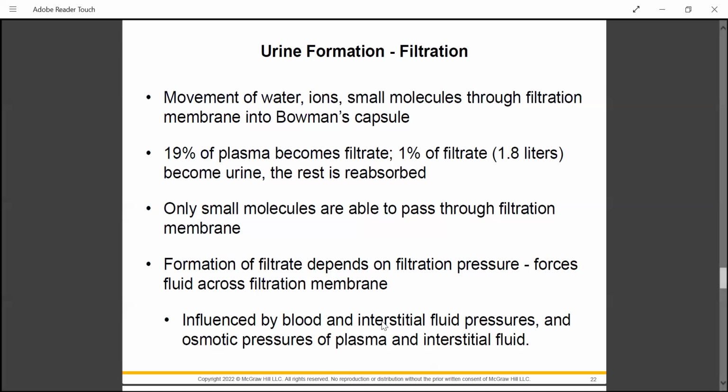There's a few things that also influence this rate outside of blood flow, and that has to do with pressures of fluid on either side of the membrane, and then osmotic pressure as well. So we have differences in the concentration of water that's going to influence how much fluid is moving. We're not going to get into detail on this. Just know that these are a couple factors that affect how much filtrate we are going to make.